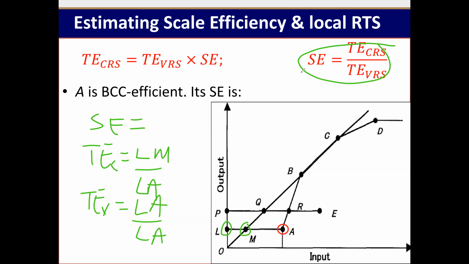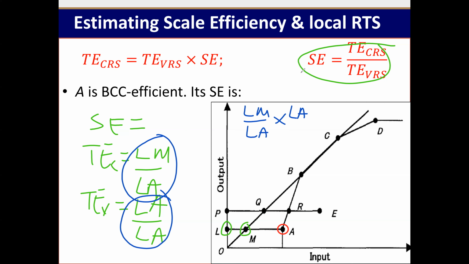Okay, it is the top one here, which is the constant returns technical efficiency, divided by the down one here. So you're going to have LM over LA, divided by, but I'm going to do times, which is the same thing, times LA over LA. So LA will cancel. You are left with what?